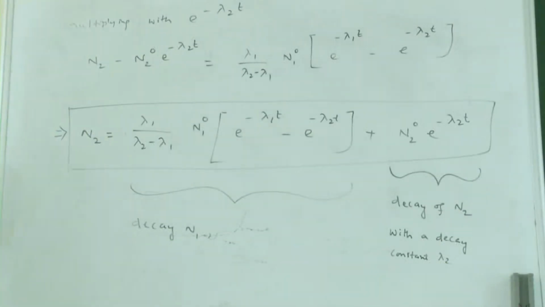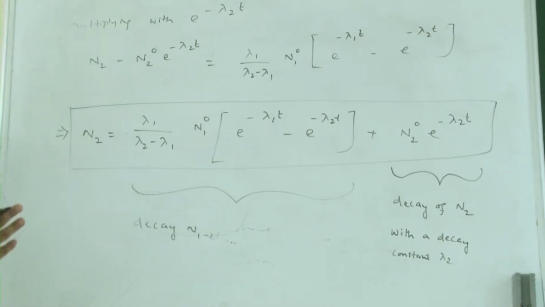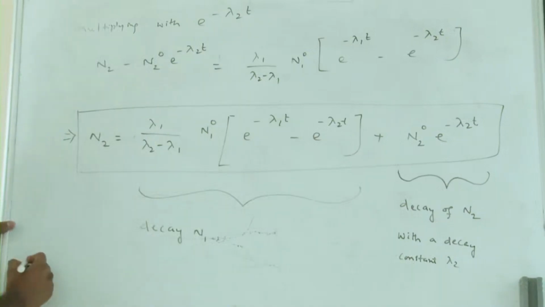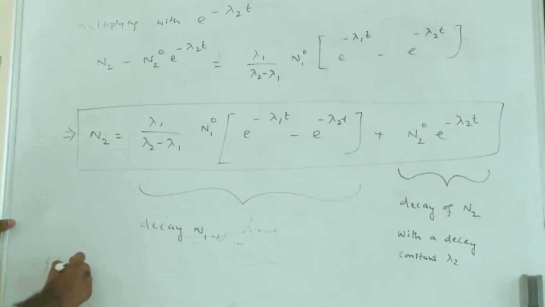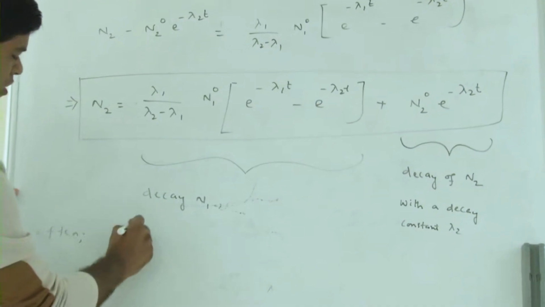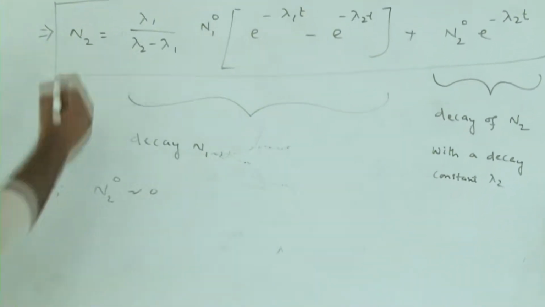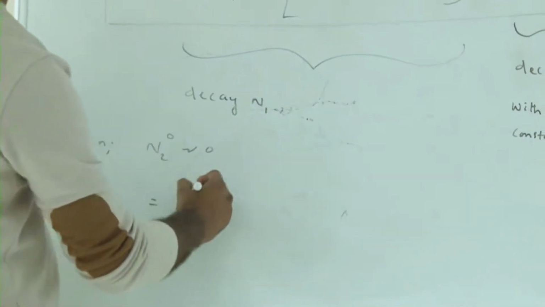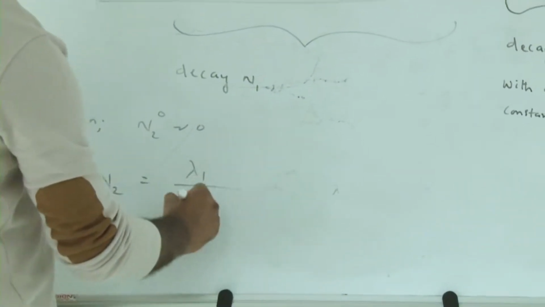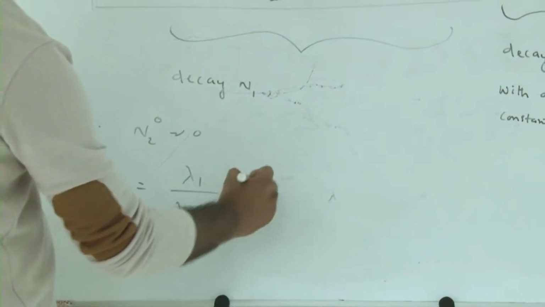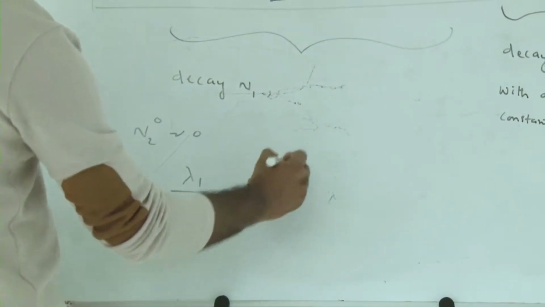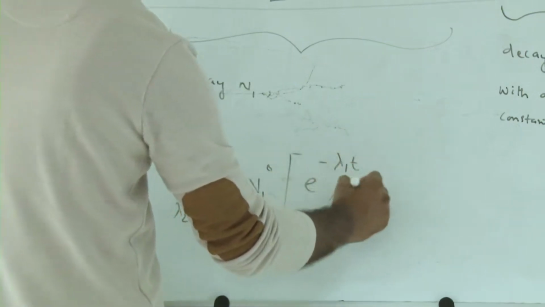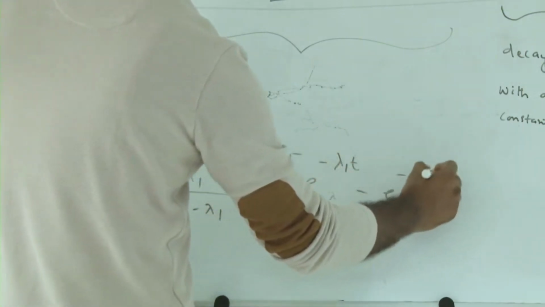Now, generally to start with, whenever you have a system, this n 2 0 is 0. So, often you will see that n 2 0 is found 0. In that case, this equation simplifies further and n 2 becomes lambda 1 by lambda 2 minus lambda 1, n 1 0, into e to the power minus lambda 1 t minus e to the power minus lambda 2 t.